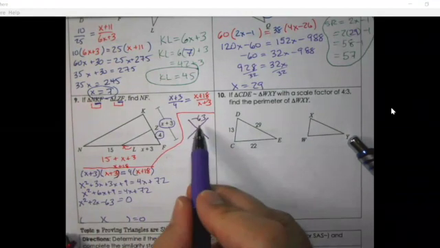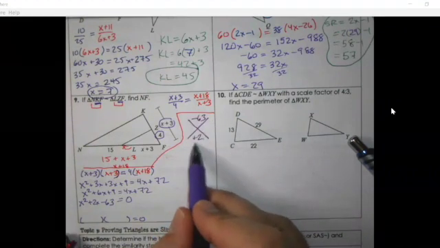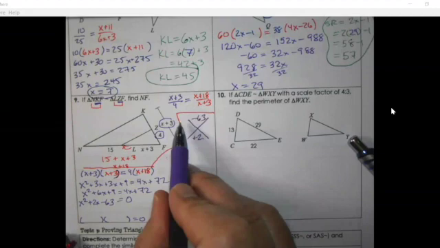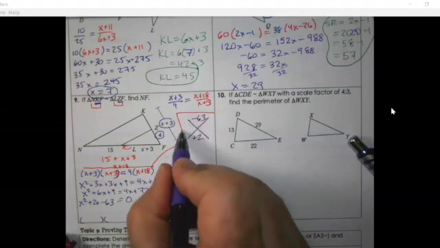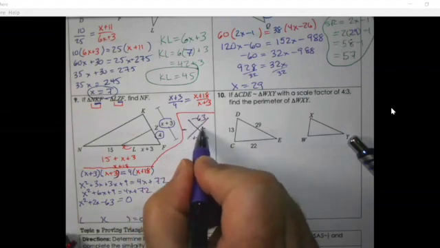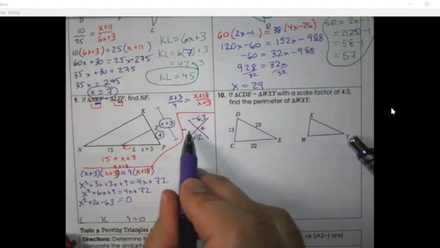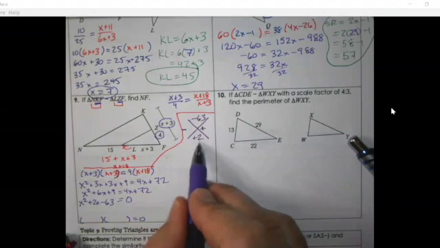Now, I need to find two numbers that multiply to make negative 63, and yet add to make 2. The fact that 63 is negative means one's going to be positive, one's going to be negative. And when they add together, that's really going to be a difference, because an addition and a subtraction offset each other.